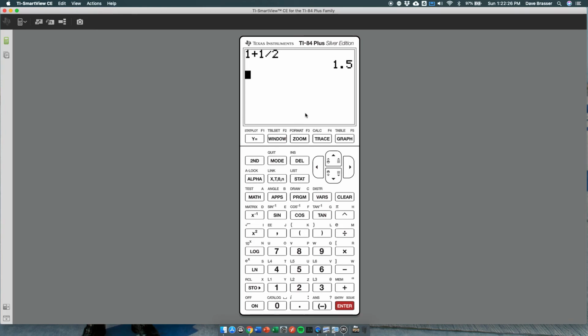So those are the first two terms add up, plus 1 divided by 4, plus 1 divided by 8, plus 1 divided by 16, plus 1 divided by 32. And I can keep going. Plus 1 divided by 64.